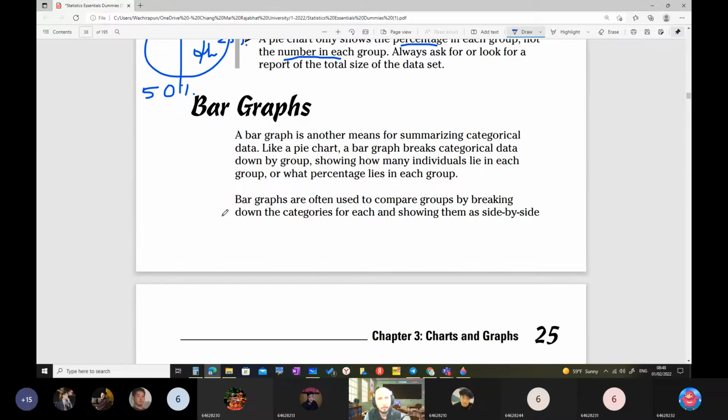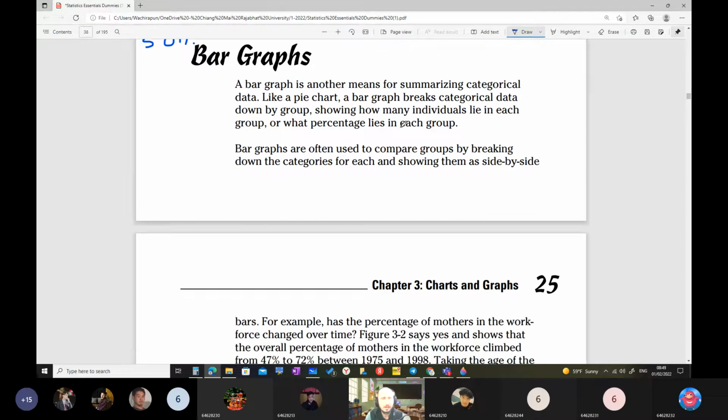Bar graph. It's up to you what you want to use. You want to use pie or you want to use bar, anything to communicate with people. No difference. So we have groups.